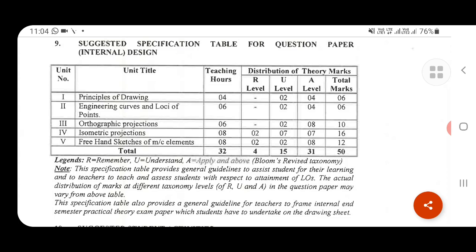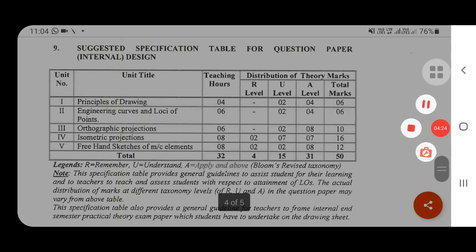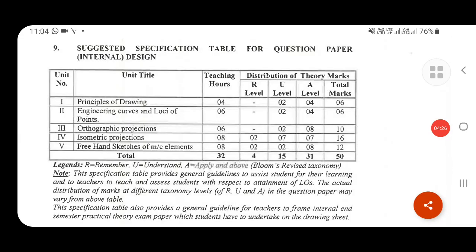The second unit is engineering curves and loci of points, which has 6 marks. Third is orthographic projections, this unit is for 10 marks.